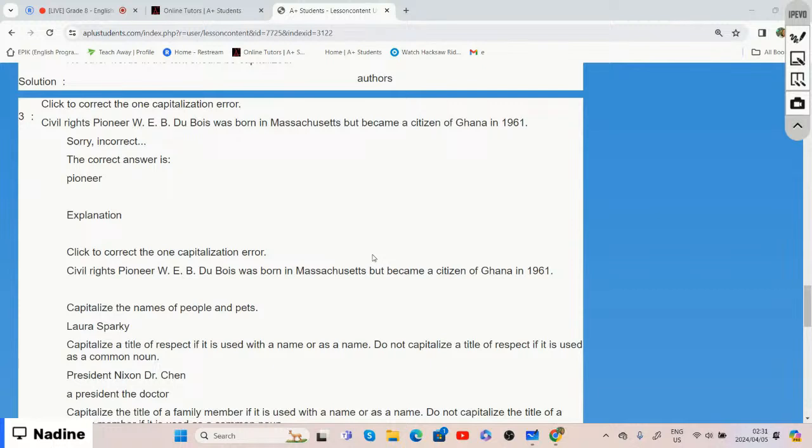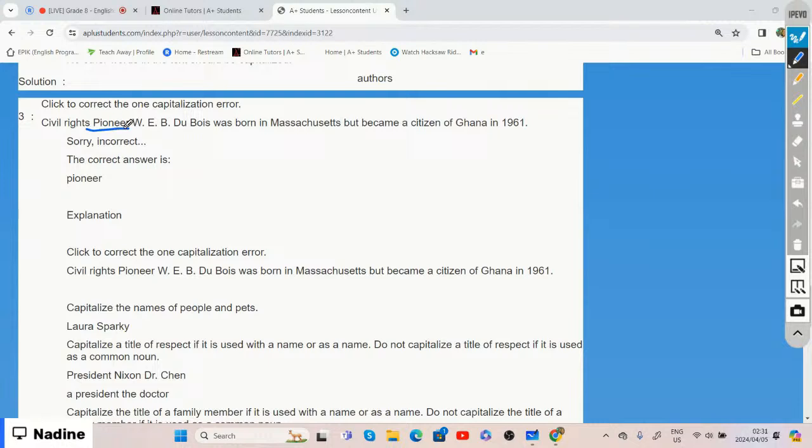If we were to fix the capitalization error, then it means that pioneer does not need to be capitalized. So civil rights pioneer does not need to be capitalized.